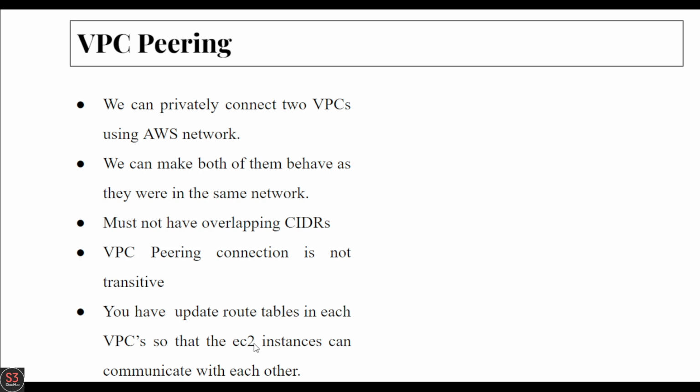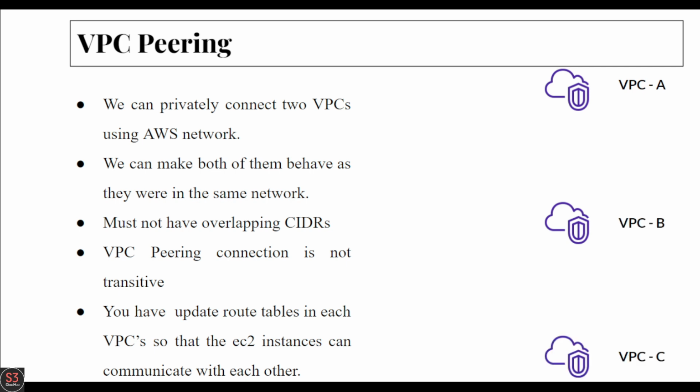Now let's see the scenario of how we are going to peer our VPCs. First of all, we have VPC A, VPC B, and VPC C. Now we want to do peering between the three VPCs.